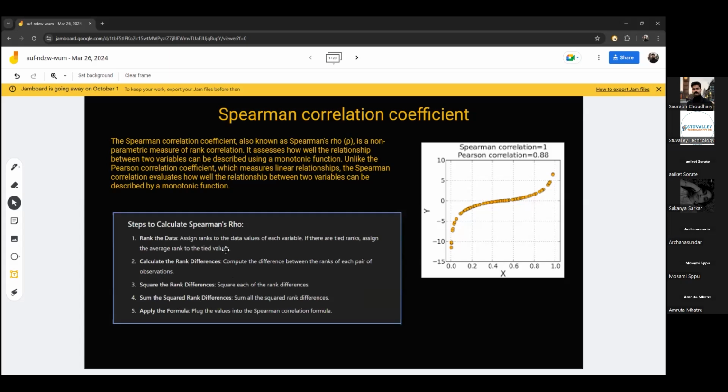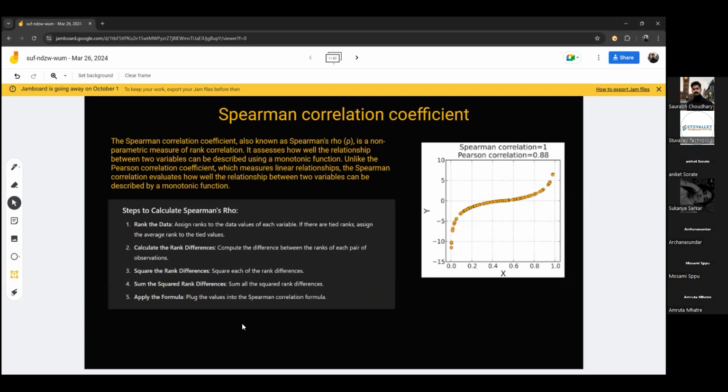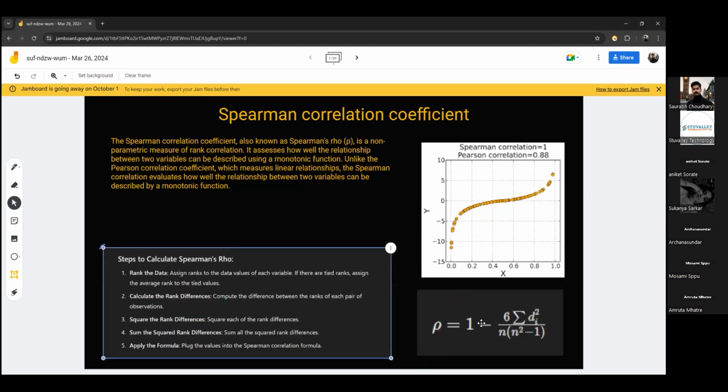So we have a formula also to calculate it. Yes, the formula is given here. Let me write it here.